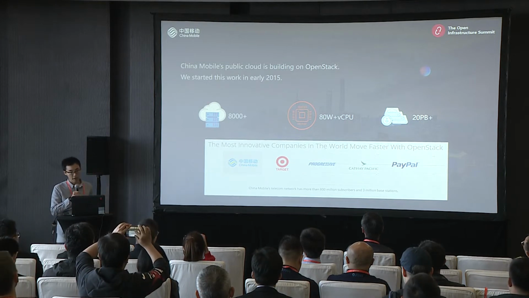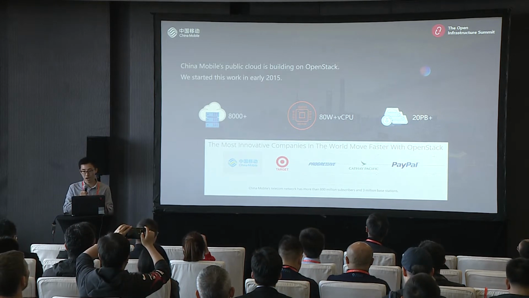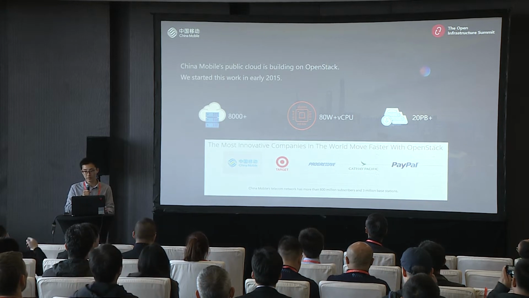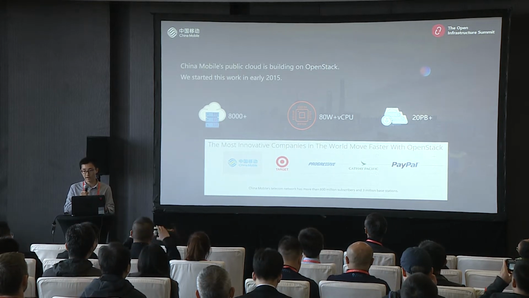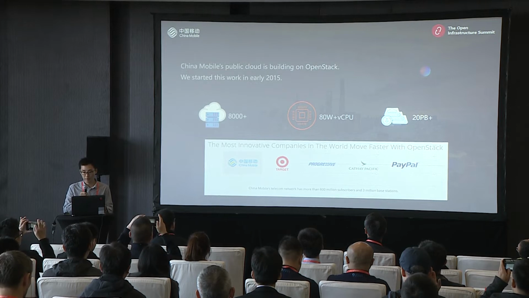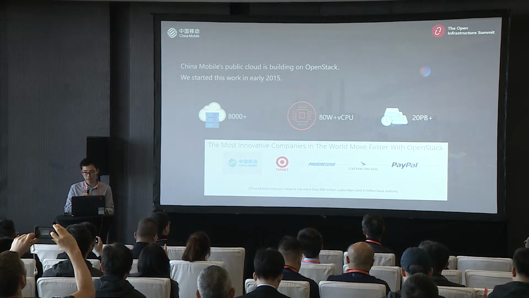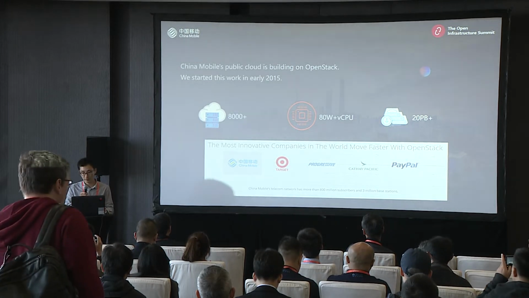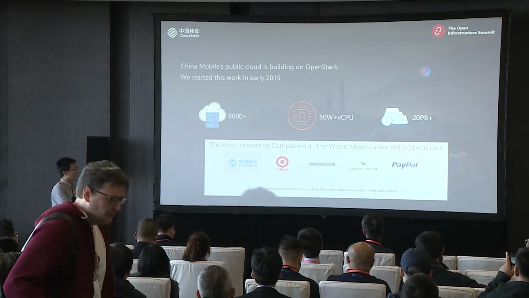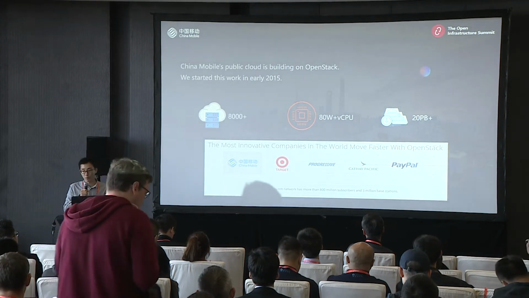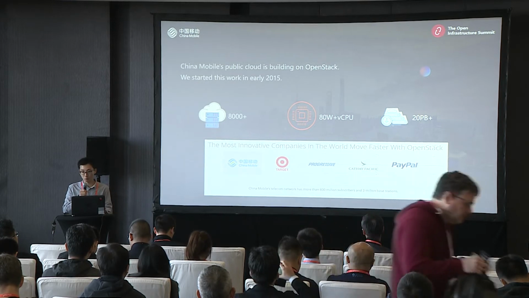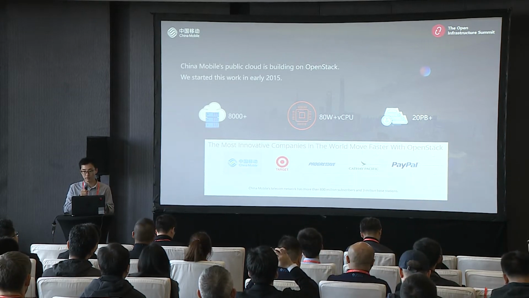Until now, we have built the cloud on more than 8,000 servers, which can provide more than 800,000 virtual CPUs. And at the storage level, we can provide more than 20 gigabytes. China Mobile has already been one of the most innovative companies in the world that move fast with OpenStack.